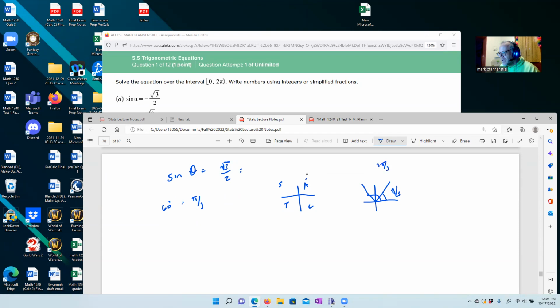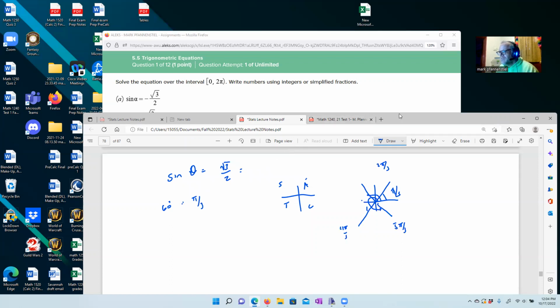There's also 3 pi over 3, but that's just the line, that's not going to give it to us. But 4 pi over 3 would also be a reference angle of 60 degrees. So 4 pi over 3 would give us root 3 over 2, but notice it's going to be negative because it's in the third quadrant. And then 5 pi over 3 is going to be all the way over here. So you want to get them all.